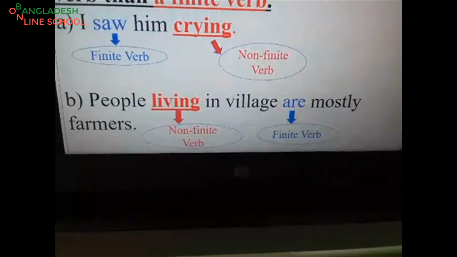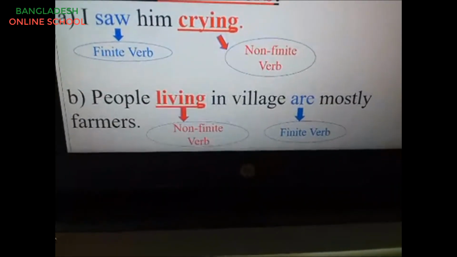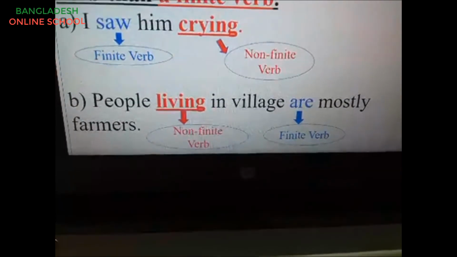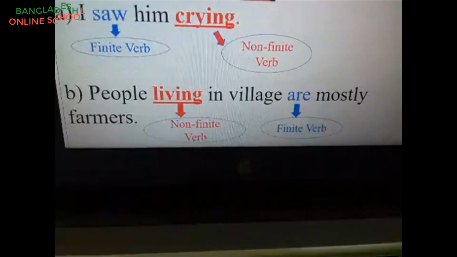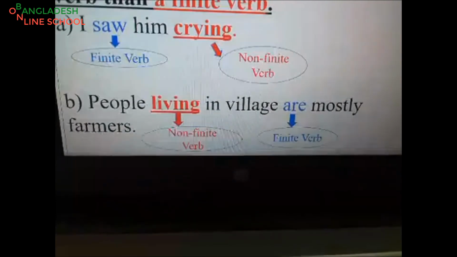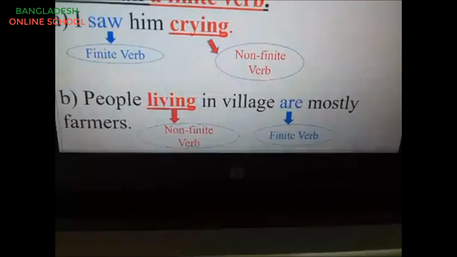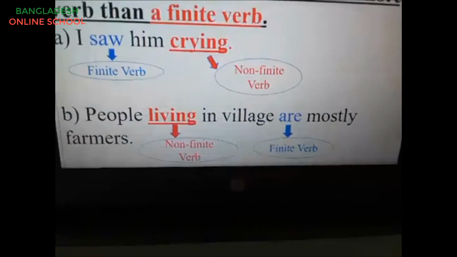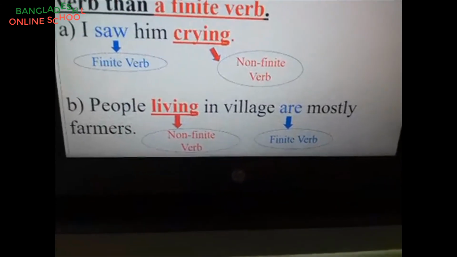That means the present participle of the verb. Now regarding rules, this is all. After these five rules, you will use the -ing form of the verb.